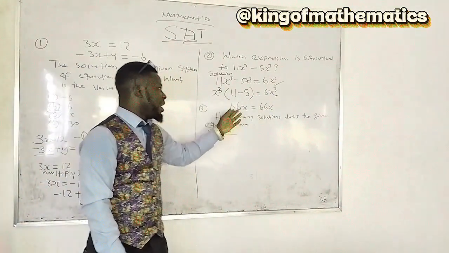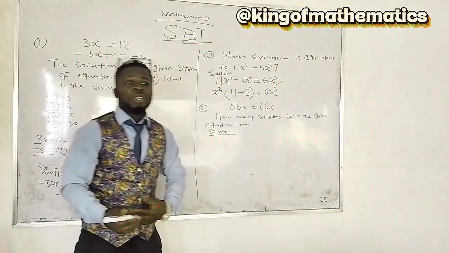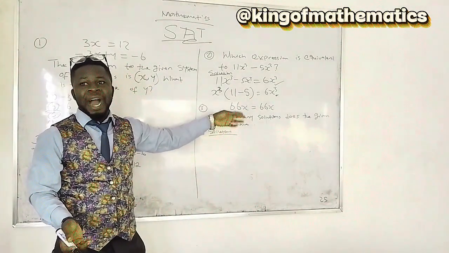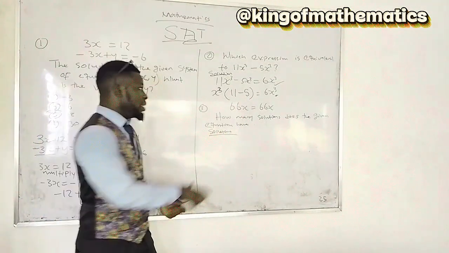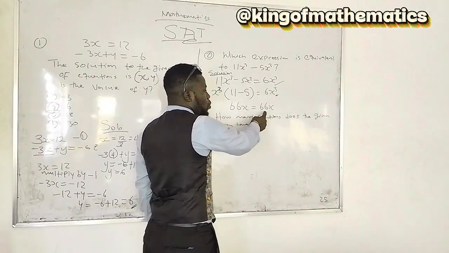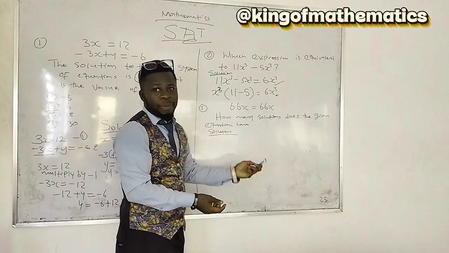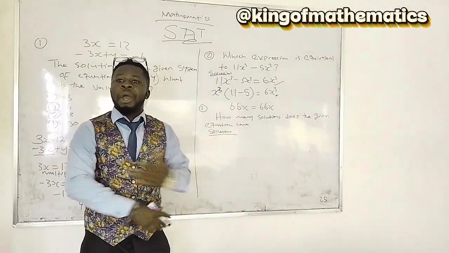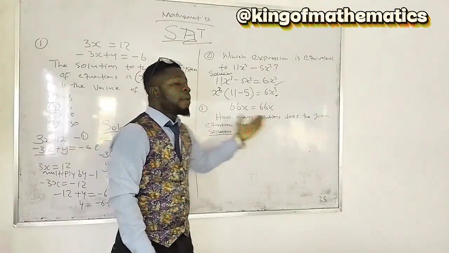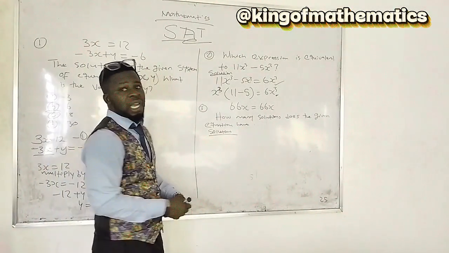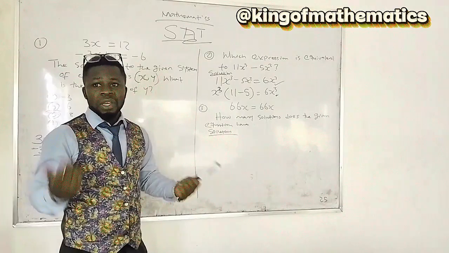Since they are equal, like 66x and 66x, you know that it has many values that can enter. What am I saying? If I put 1 here, I will have 66 times 1 equal to the 1 that will still be here. If we put 2, we can put all integers. Once we can put many integers, the answer to this question is that it has infinite solutions.